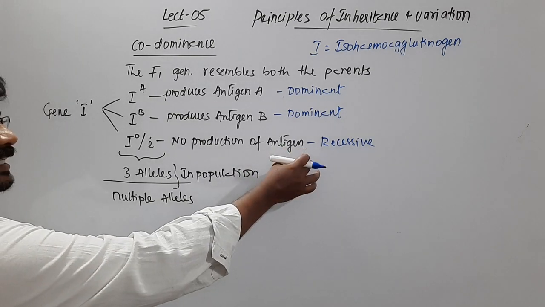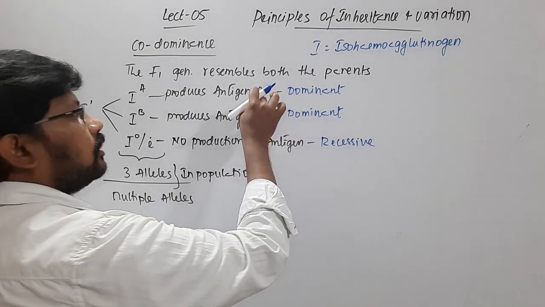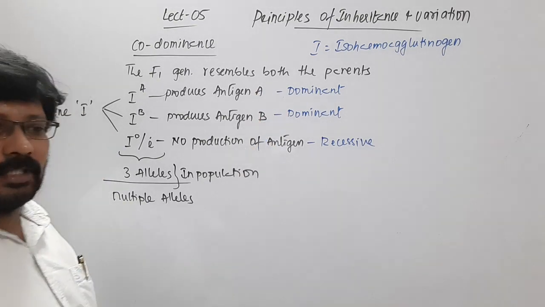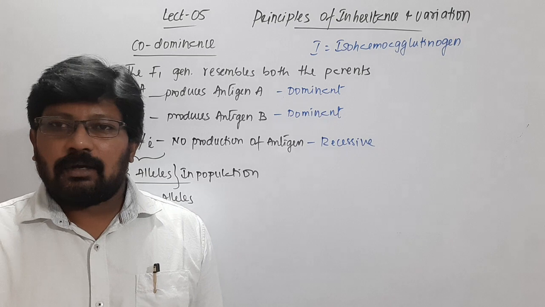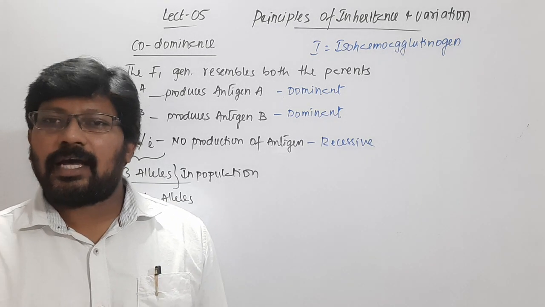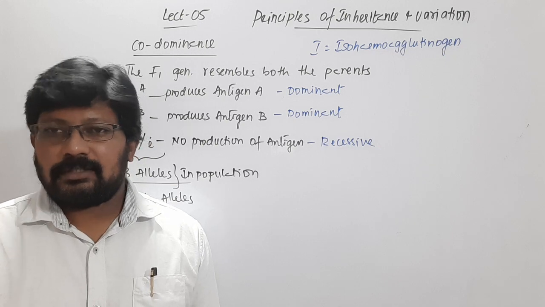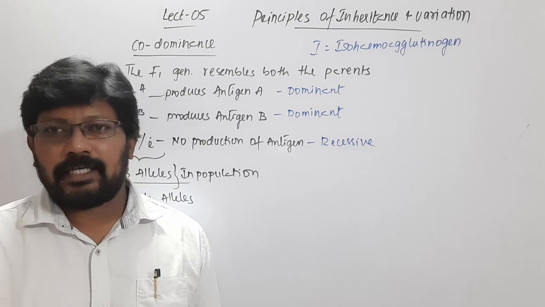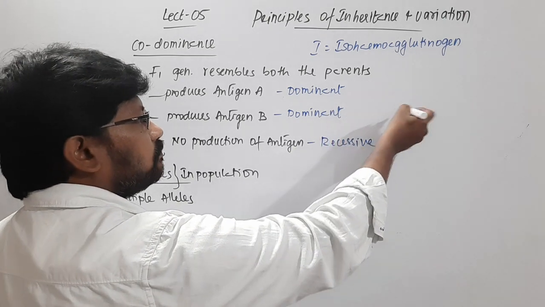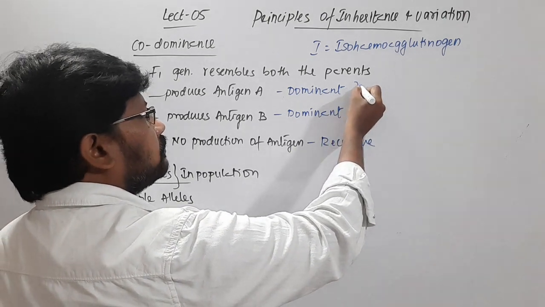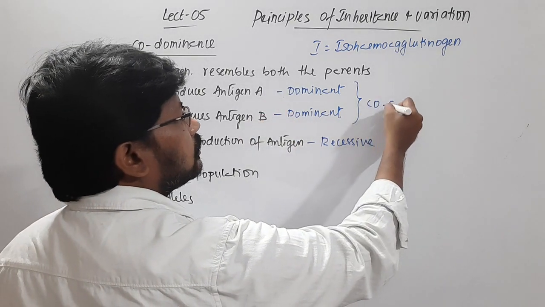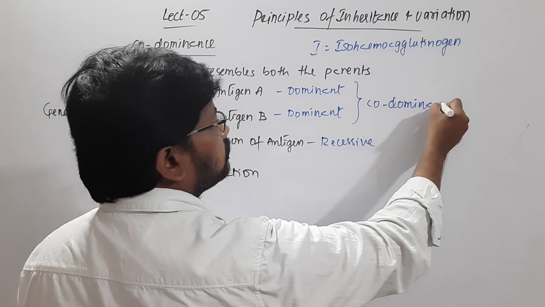When the genes for antigen A and antigen B are both present, then both will get expressed. As a result, the person's blood group will become AB. So you have to keep in mind that antigen A and antigen B are codominant.